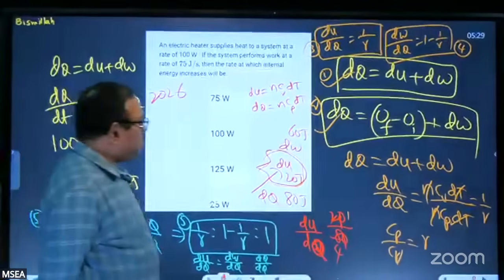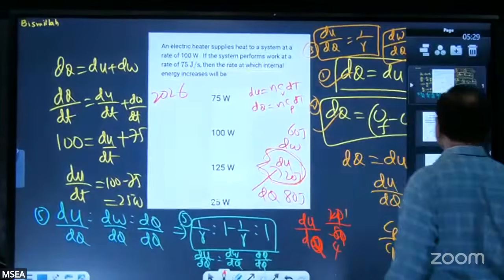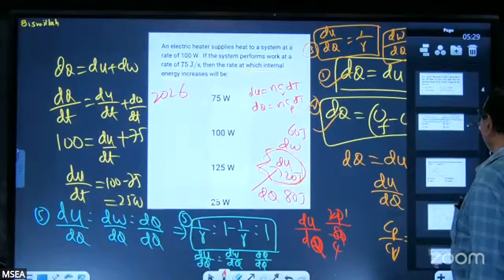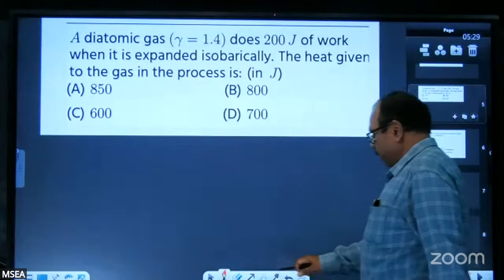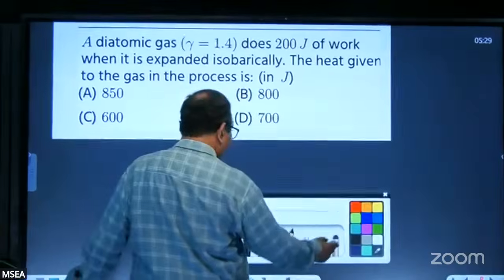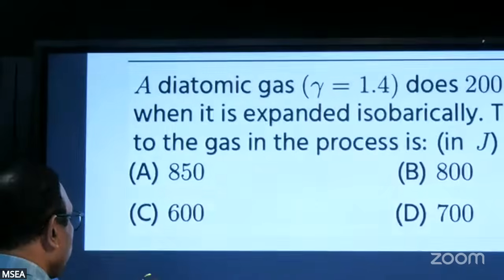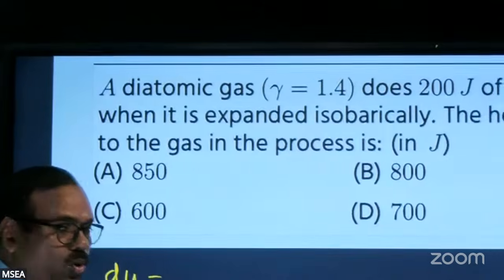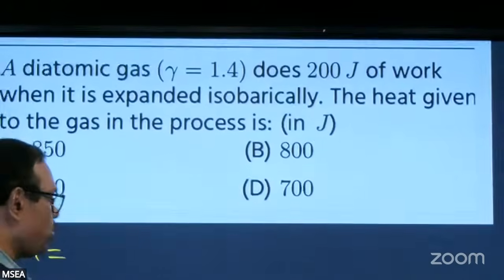So one more point you have to remember, based on the previous things, before going to discuss this question. The expression for du, the internal energy change at constant volume.